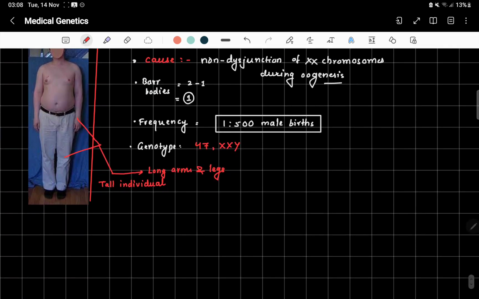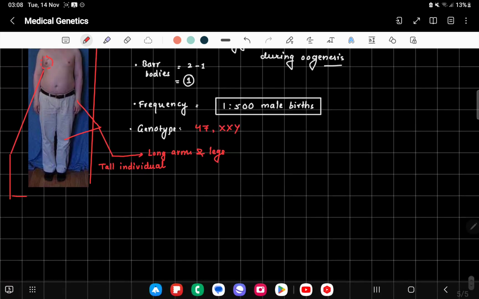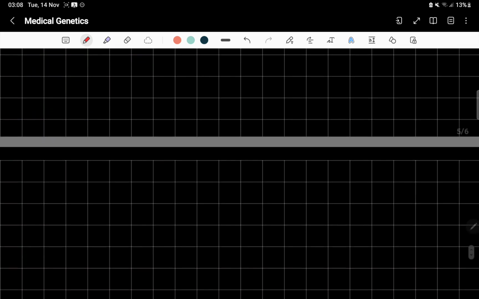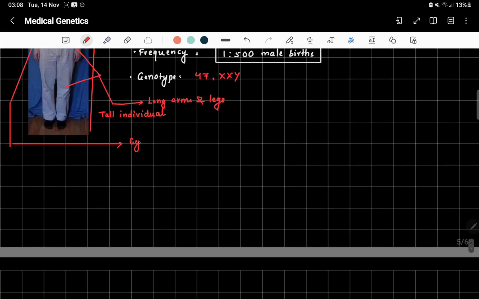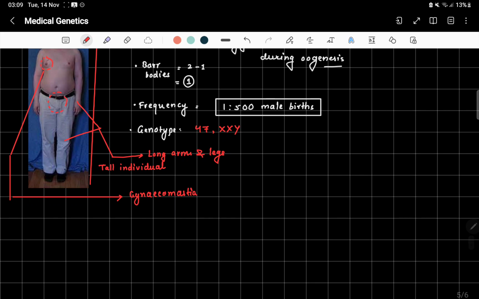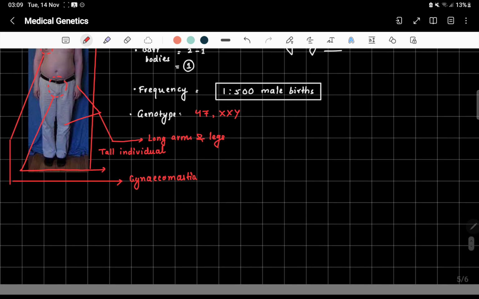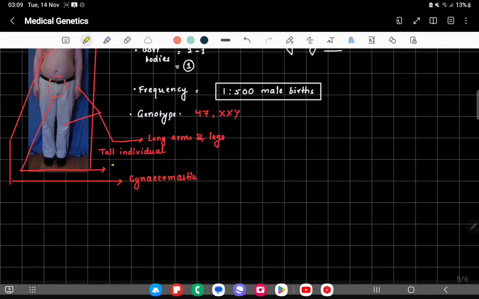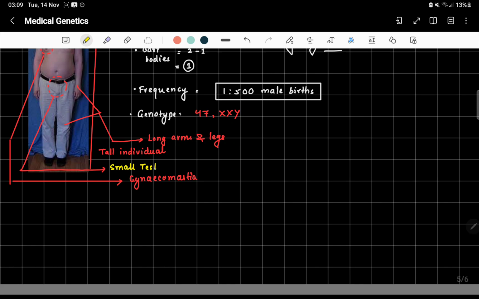Then gynecomastia. See, the breast development is occurring here. The individual has gynecomastia also. And if you focus on the testis, you will find small testis and azoospermia, because there is one extra X chromosome adding to the femininity.